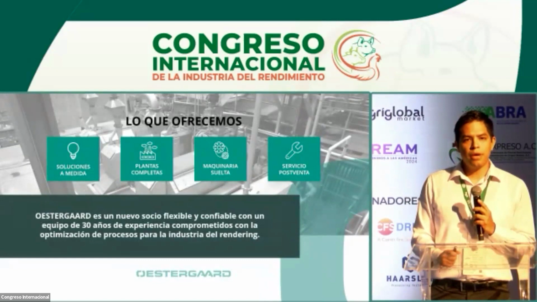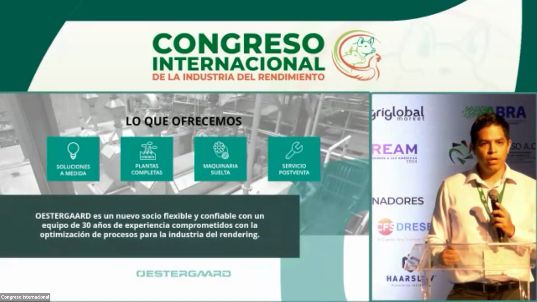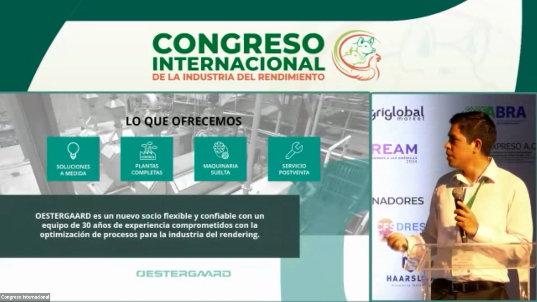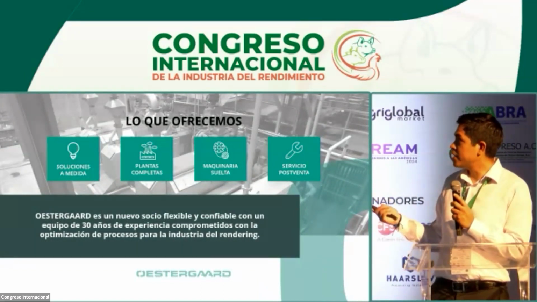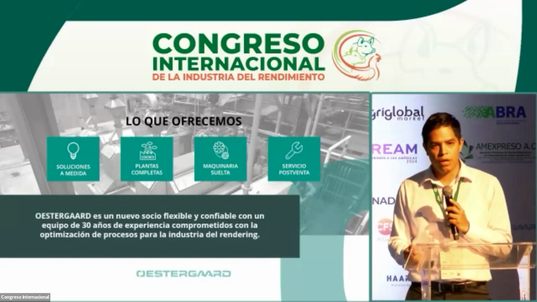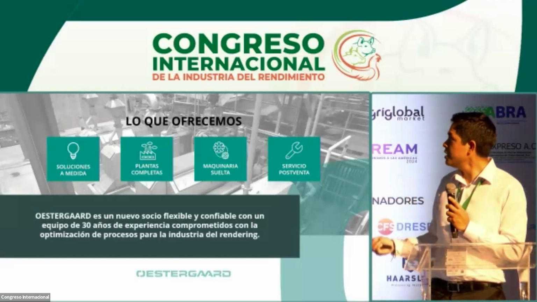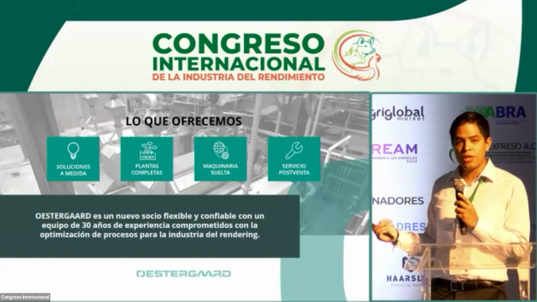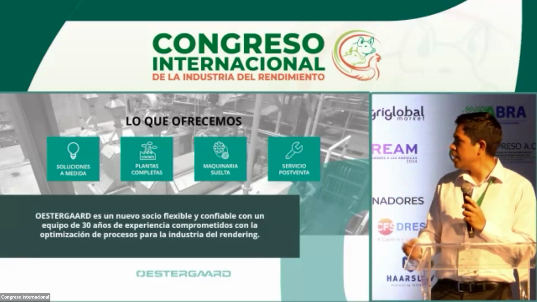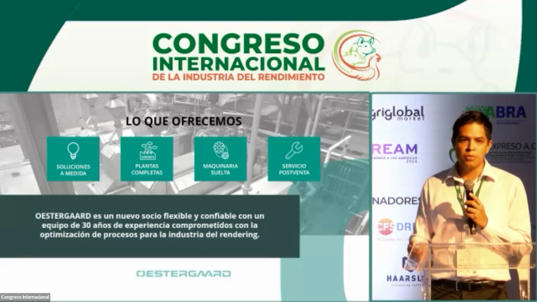We offer all machinery to produce meals from meat and fish. We can offer complete plants, individual machinery to replace an old machine you have in your plant, and also post-sales services like inspection of processes and spare parts.